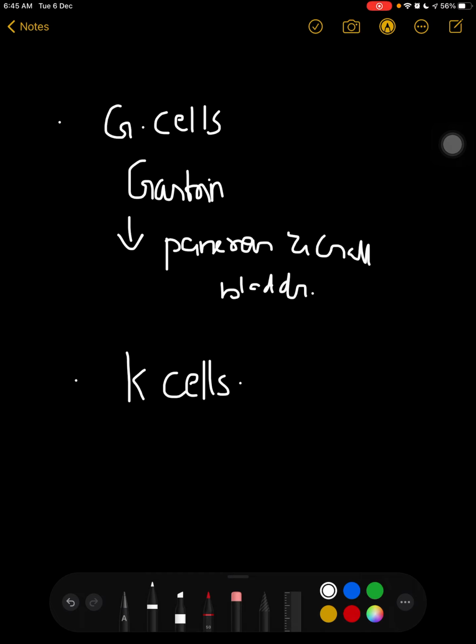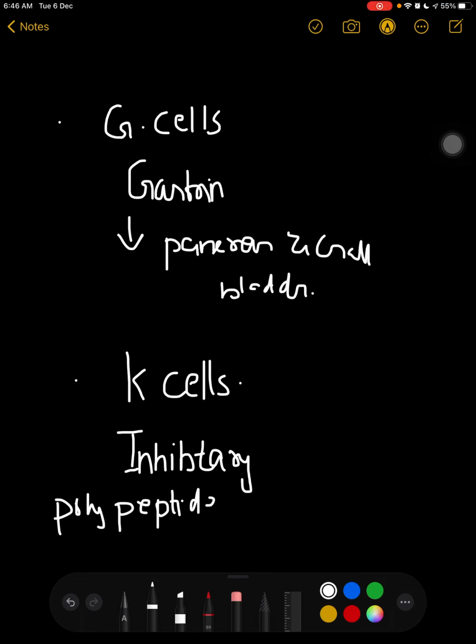They release a polypeptide inhibitory hormone, which is released by the K cells.